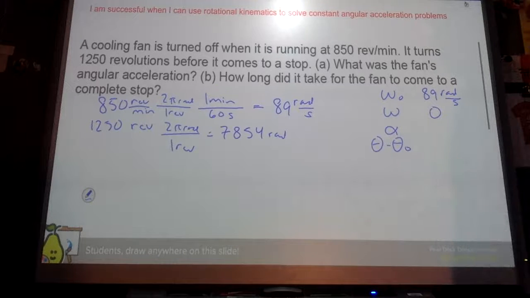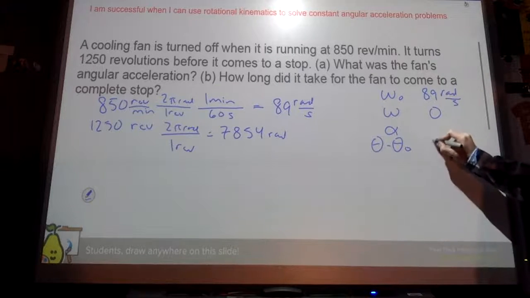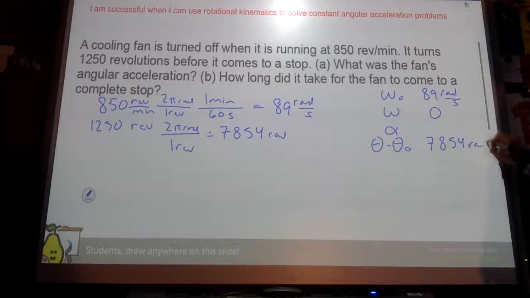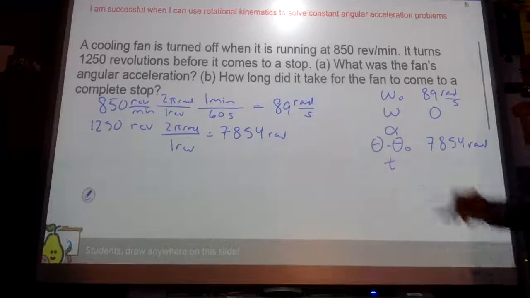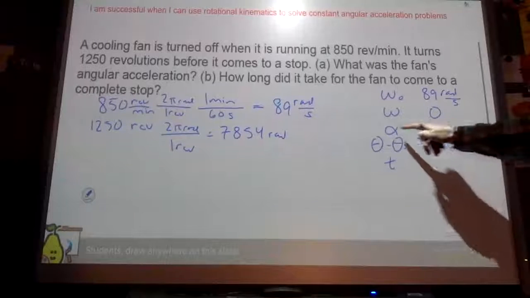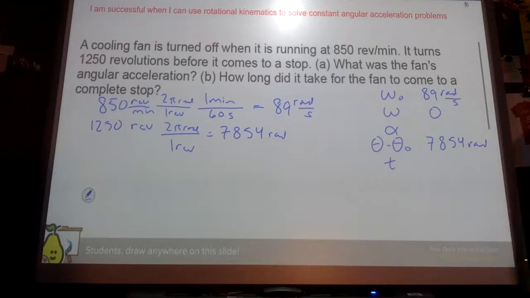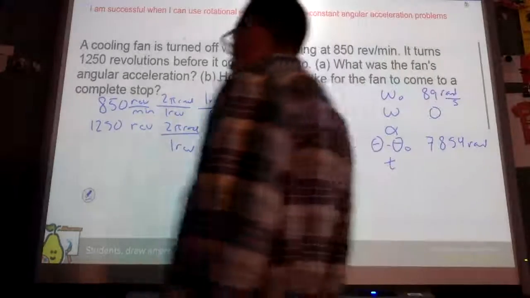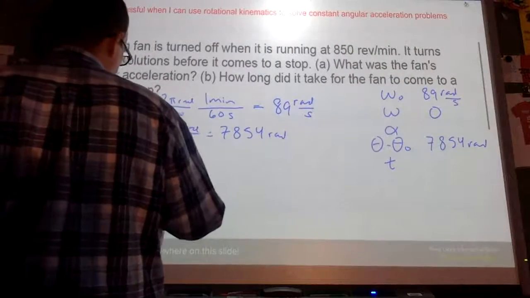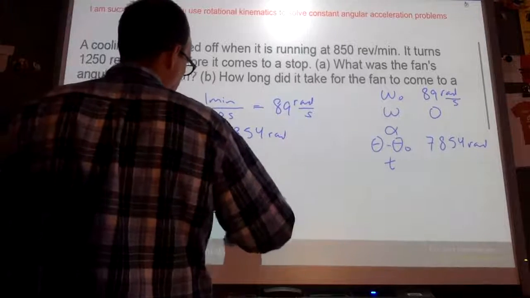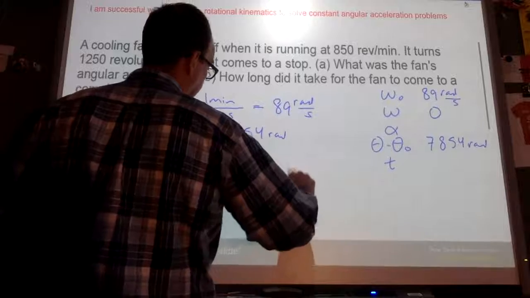I do know my theta minus theta naught, which I'm saying is 7,854 radians or 2,500 pi radians. I can get acceleration with the v squared equals v naught squared plus 2a x minus x naught. So I'm going to rewrite this as omega squared equals omega naught squared plus 2 alpha theta minus theta naught.